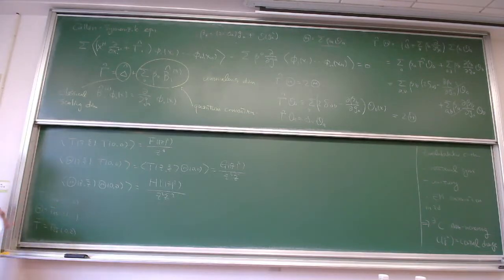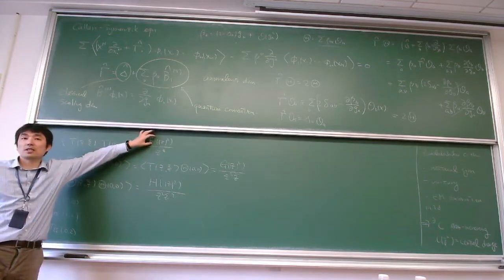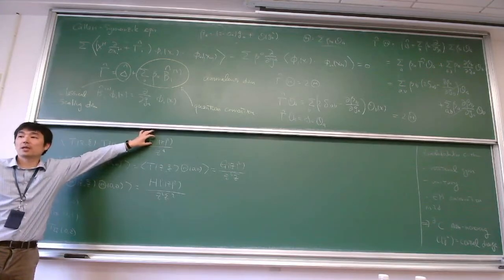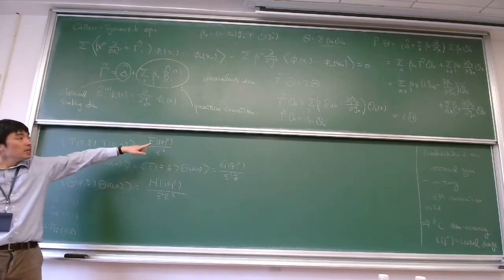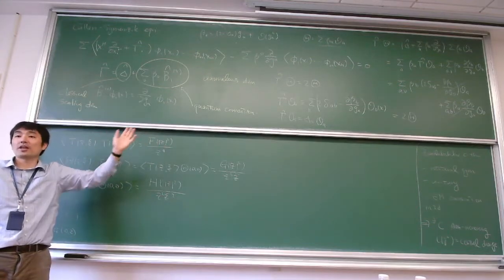And from here, if you consider the correlation function, by Lorentz invariance you should have 1 over z to the 4. But here this one is dimensionless, essentially. Even though it has a dimension, this z squared is essentially the radius.